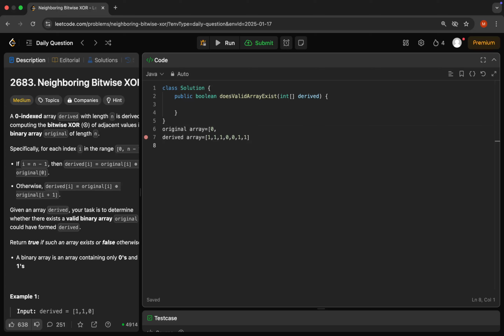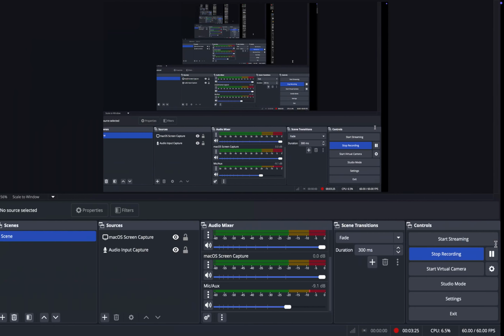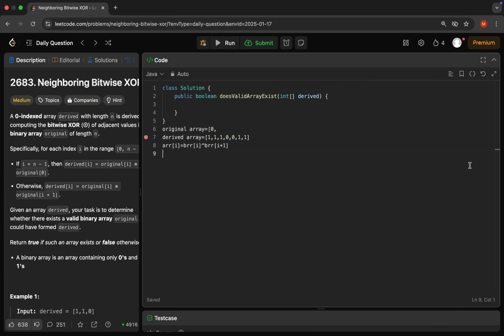Or we will reverse the property. What we can do, if ARR i is equal to BRR i XOR BRR i plus 1, so the property is ARR i equals BRR i XOR BRR i plus 1.